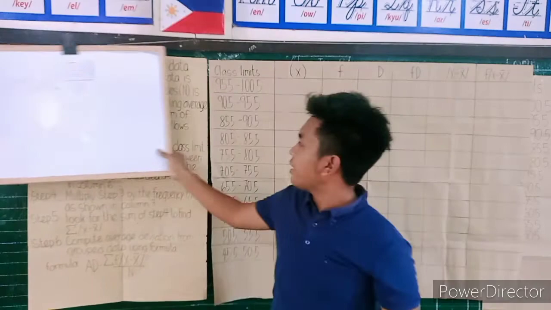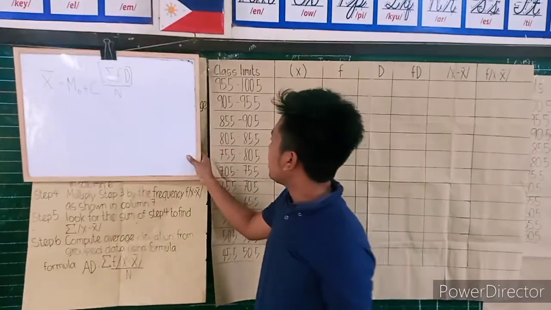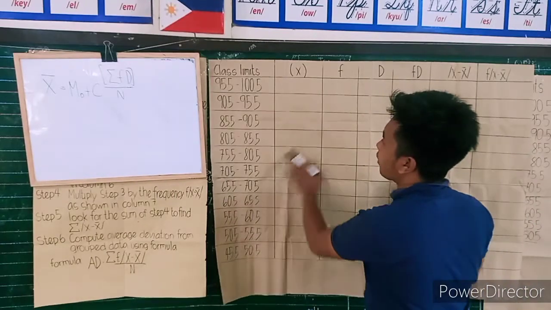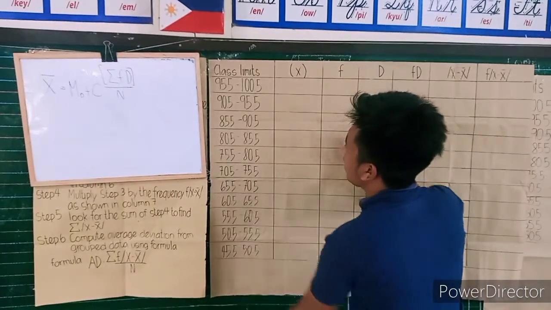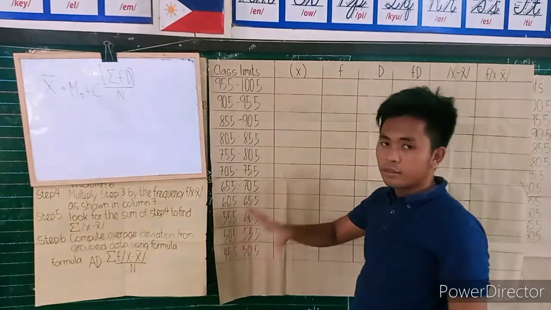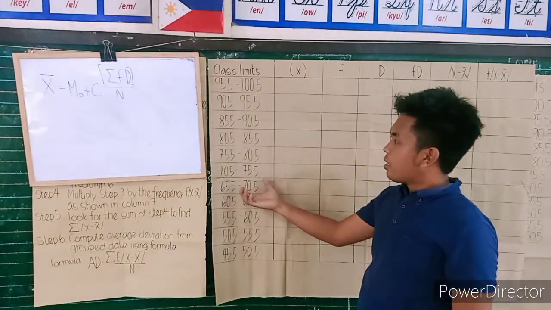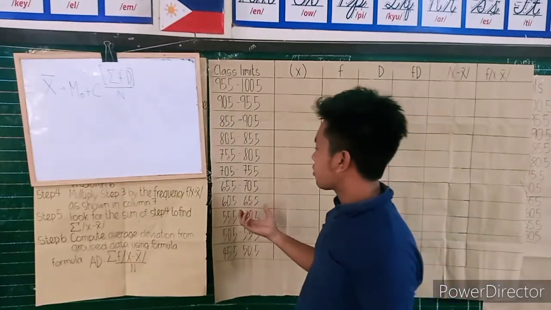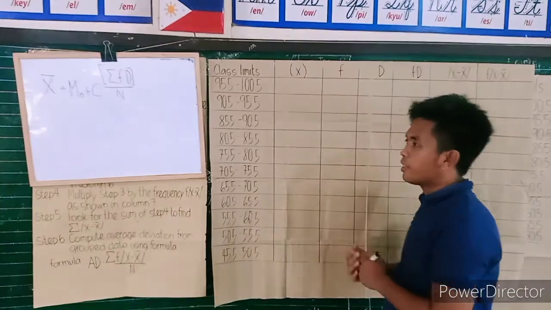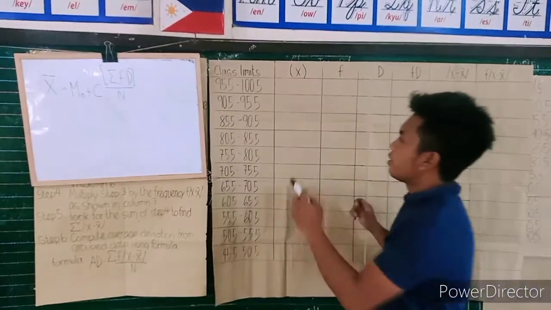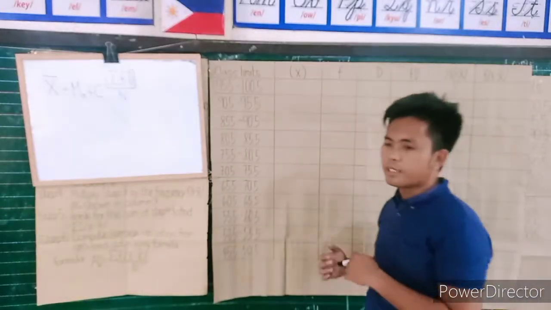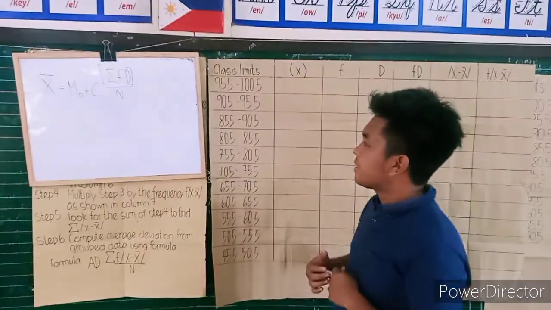In our table, these are the class limits, and these are the scores that the students got in their quiz, assessment, or examination. Some students got 95 to 105, 90 to 95, and so on; that is the class limits.